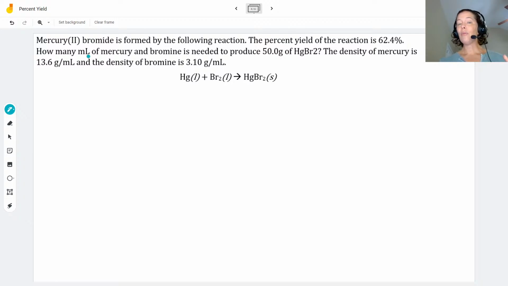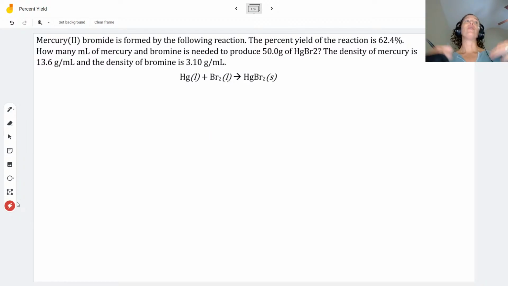And lastly, volume can also be a part of a density calculation, which we do have. So this is why they give us the density of both mercury and bromine, because they are both liquids. We're going to have to use density as a conversion factor to convert from grams to milliliters. Okay, so that's a little bit of information to tuck away. We are going to use that later.